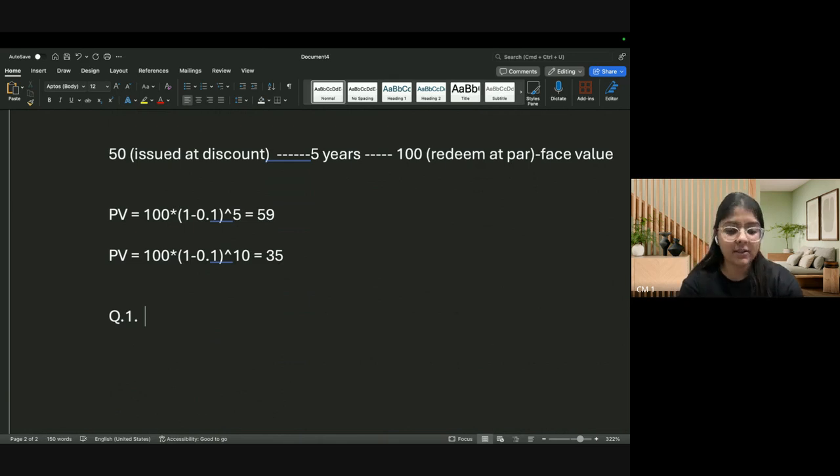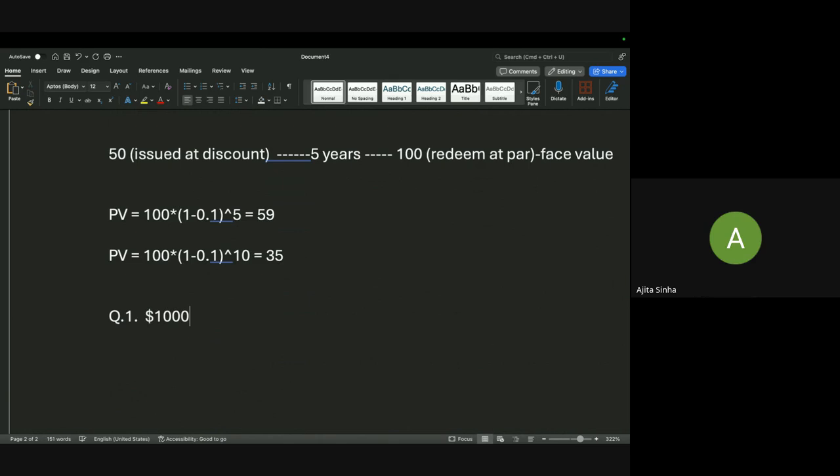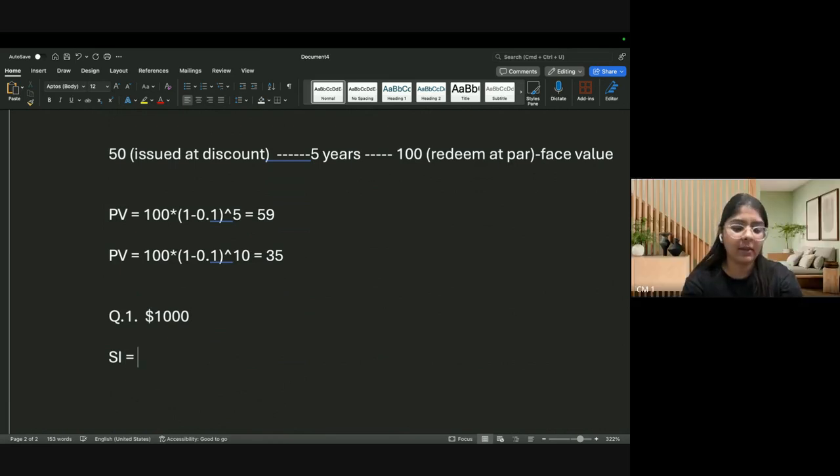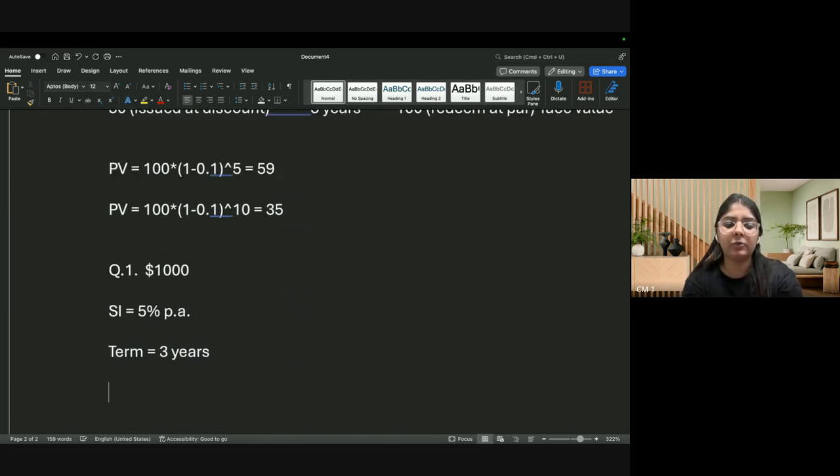So there is an investor that will deposit $1,000 in a bank account that pays simple interest of 5% per annum. Now the term is 3 years. You have to calculate the accumulated value.